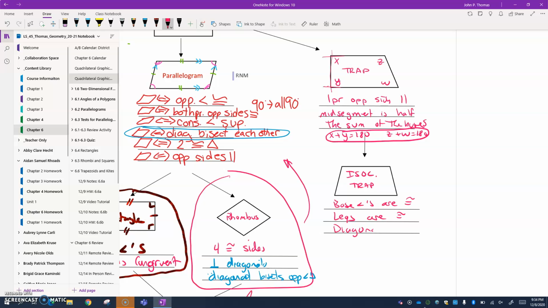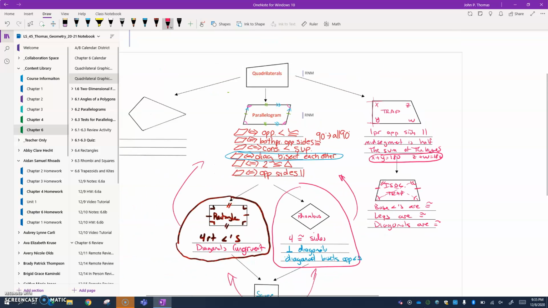Diagonals are congruent. All right, and we get those properties. So we know that we can mark a congruence here, this base angle to this base angle, those two base angles together. But then we could also know that the diagonal this way and the diagonal this way are the same. All right, so that takes us through that graphic organizer.